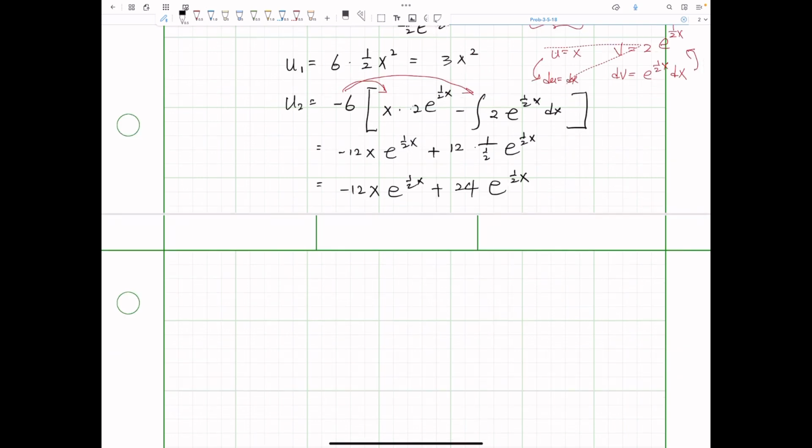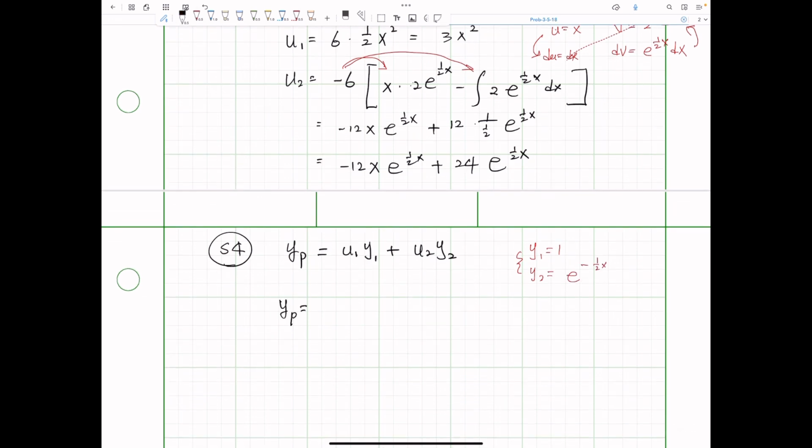Step number 4, we need to have yp equals u1 y1 plus u2 y2. Previously, we have y1 as 1. We have y2 as e to the negative 1 over 2x.